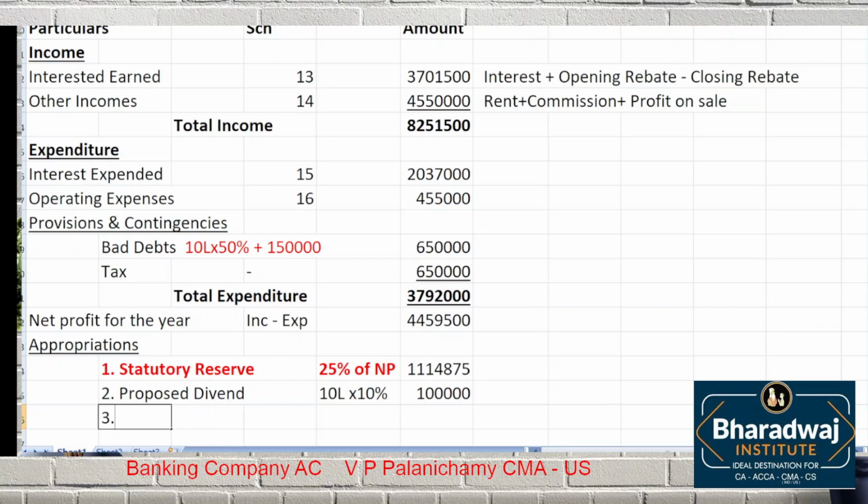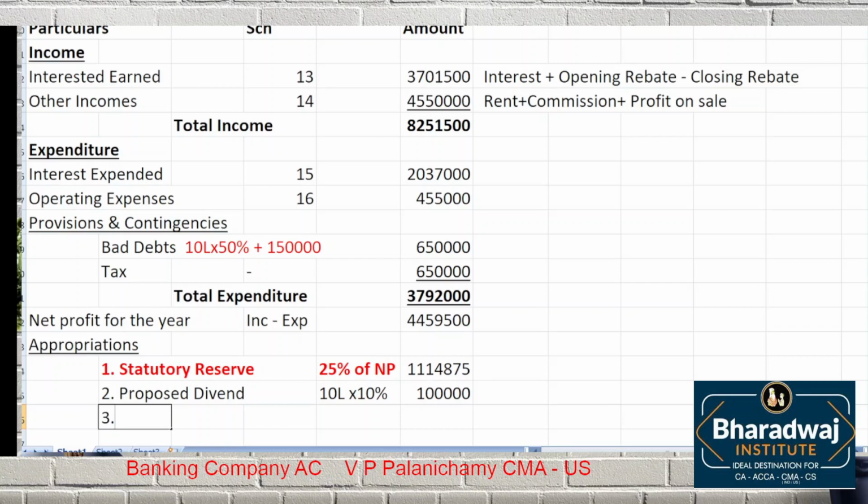Bad debts on 10 lakhs 50% that cannot be recovered plus 1,50,000 other bad debts. Taxes 6,50,000. So total expenditure is 37,92,000. Net profit for the year is 44,59,500. Number one, statutory reserve 25% of net profit.